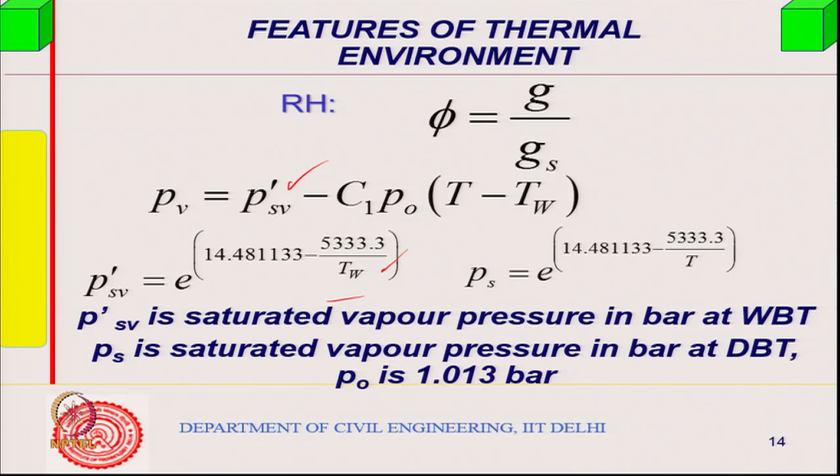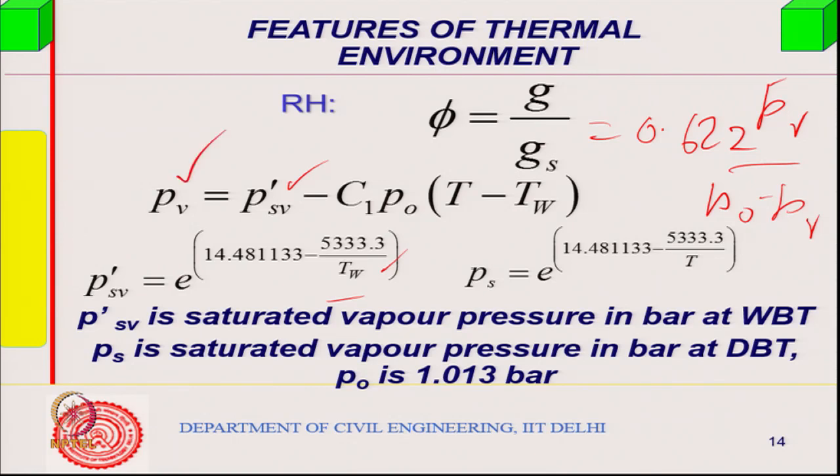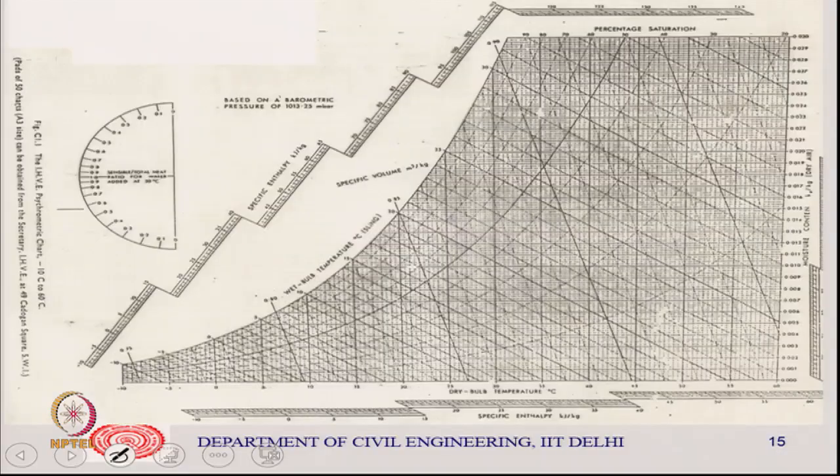Now, G is nothing but 0.622 PV divided by P minus PV. If we know the vapor pressure PV, then we can find it out, and so we can find the relative humidity.